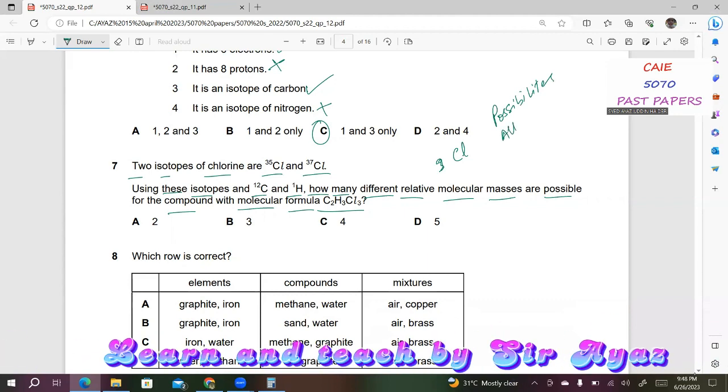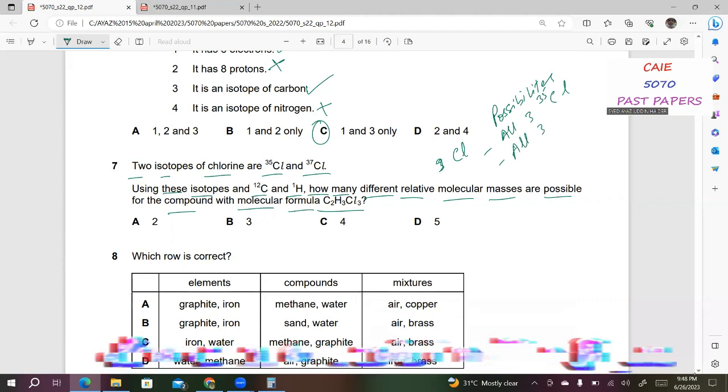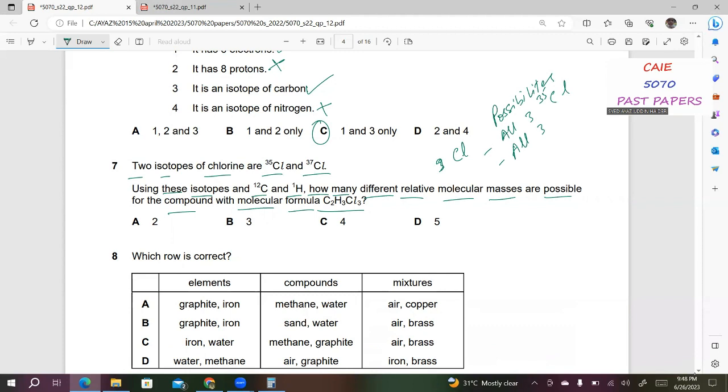All 3 will be Cl35. Possibility number 1. Possibility number 2, all 3 chlorines are Cl37. Possibility number 3, 2 are Cl35 and 1 is Cl37.